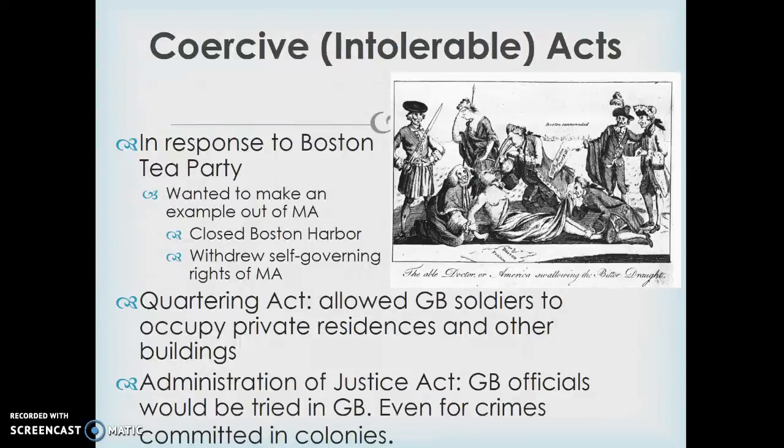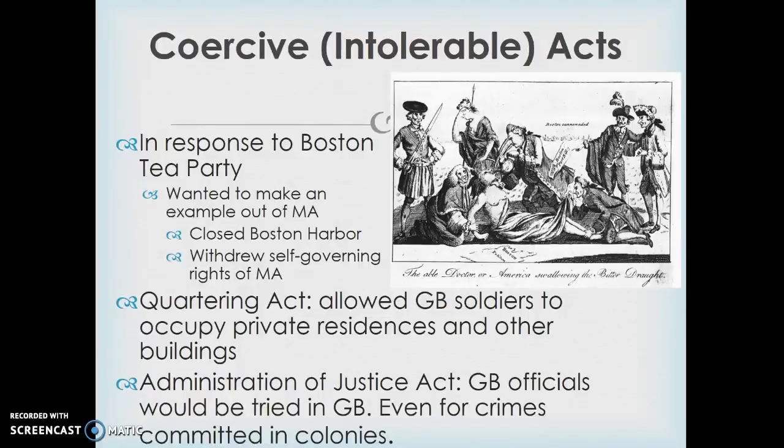Then there are the Intolerable Acts, also known as the Coercive Acts. It was a response to the Boston Tea Party. Basically, the British wanted to make an example out of Massachusetts. They closed down the harbor. They enact martial law. They withdrew all of the self-governing rights of Massachusetts. They enact the Quartering Act, which allows British soldiers to occupy the private residences of colonists and other buildings that they own.